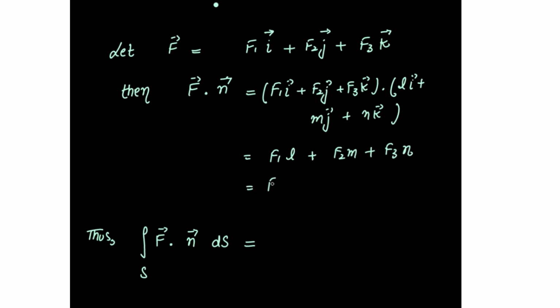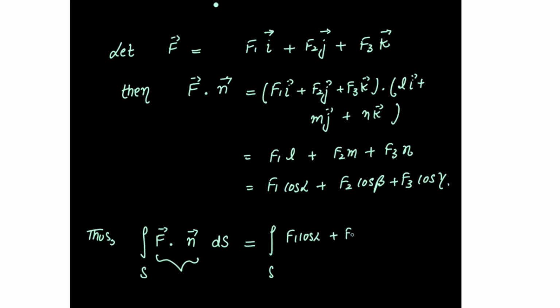That is further equal to F1, what is l? It is cos alpha, plus F2 cos beta, plus F3 cos gamma, where l, m and n are the direction cosines of the normal. Thus, the surface integral of F vector dot n vector dS is equal to the surface integral of F1 cos alpha plus F2 cos beta plus F3 cos gamma dS.